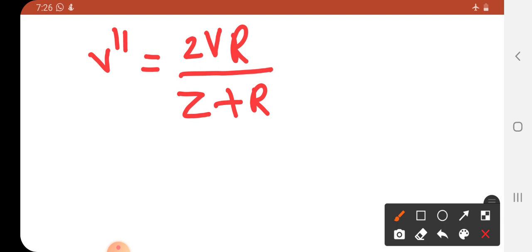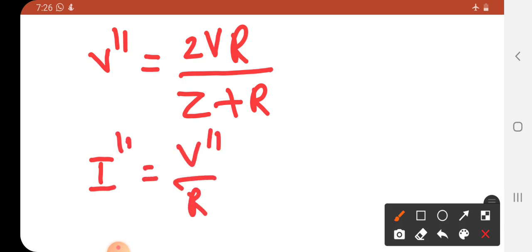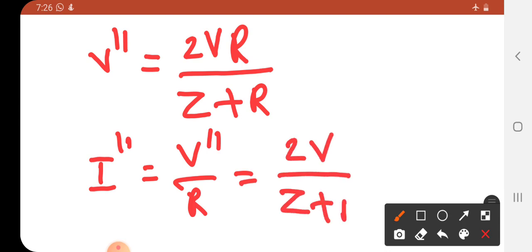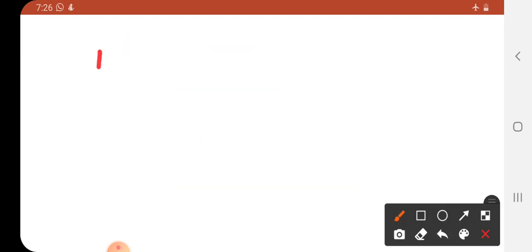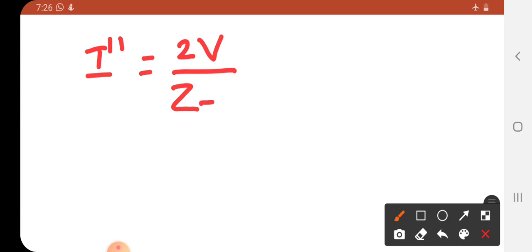Refracted current I double dash is equal to V double dash by R. So this is 2V by Z plus R. You can also write that is I double dash is equal to 2V by Z plus R.